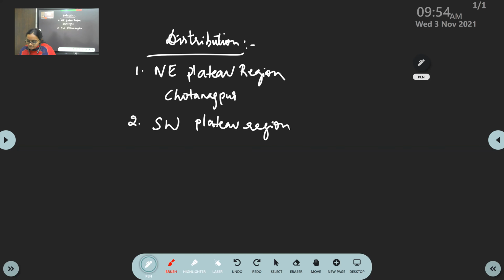This belt is rich in ferrous metals and bauxite.